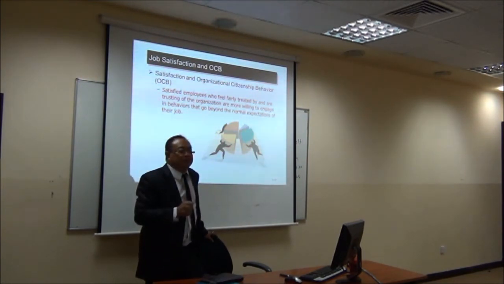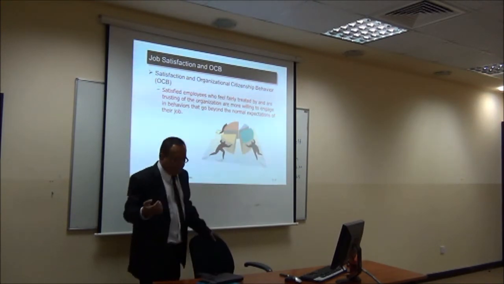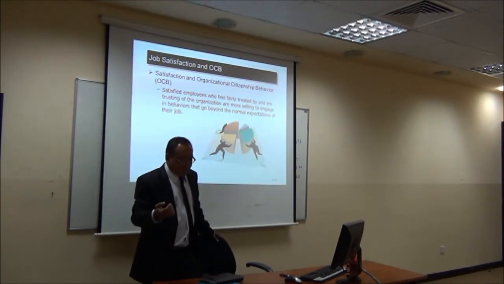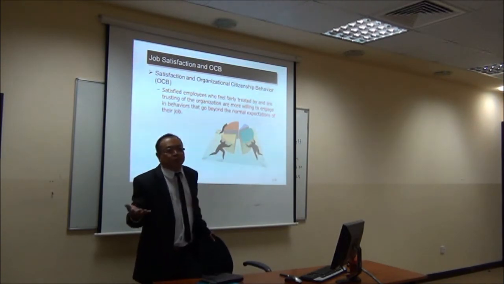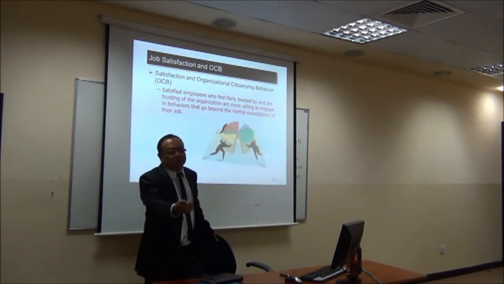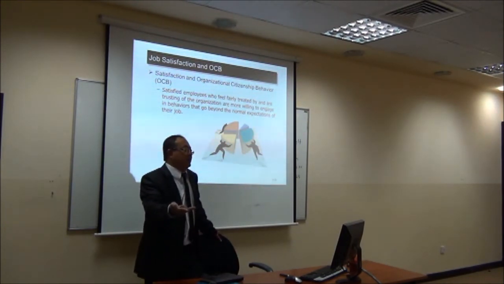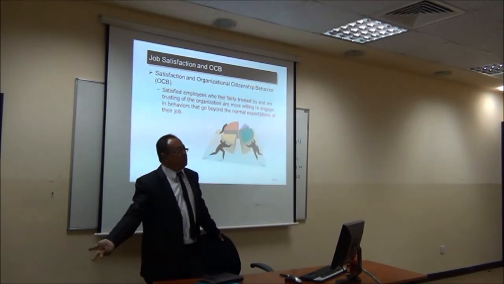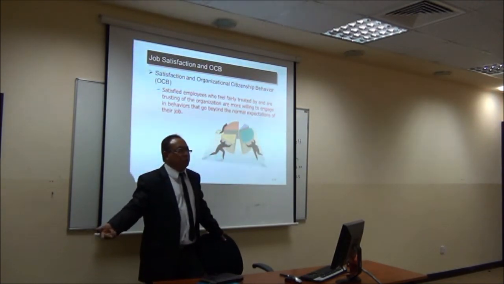For example, say a lecturer who has high OCB. What are lecturers' duties? Basically to teach students, to participate in some committees, and to do research. That's basically the job description of a lecturer. It's not the job description of a lecturer to teach new faculty members, to teach new lecturers.